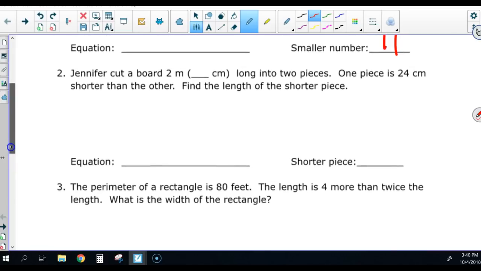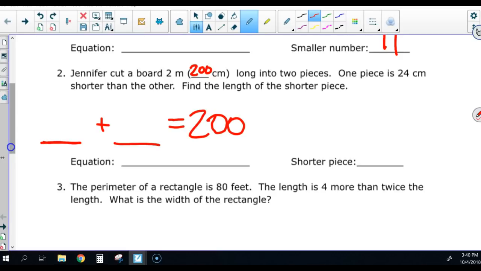Jennifer cut a board that is 2 meters, which is 200 centimeters, into 2 pieces. Well, I know that this piece plus this piece equals 200. One piece is 24 centimeters shorter than the other.